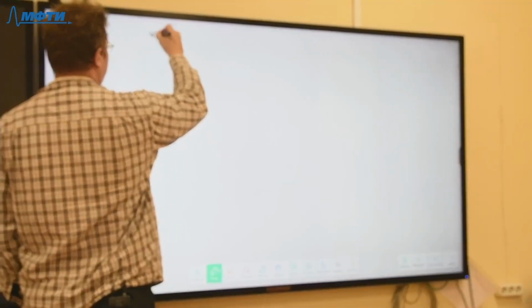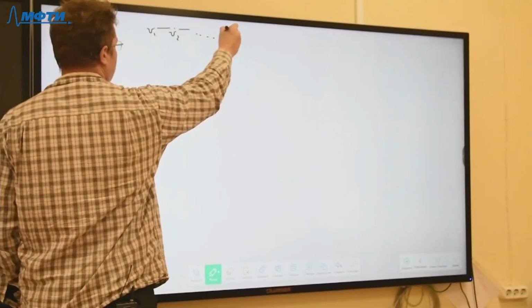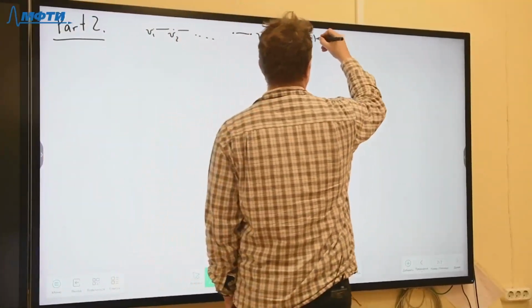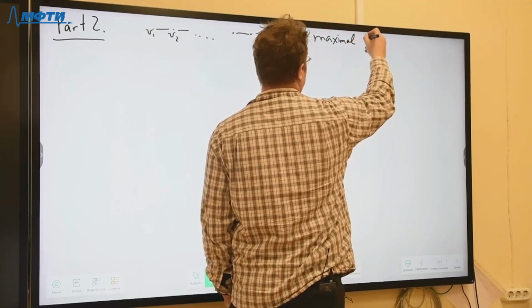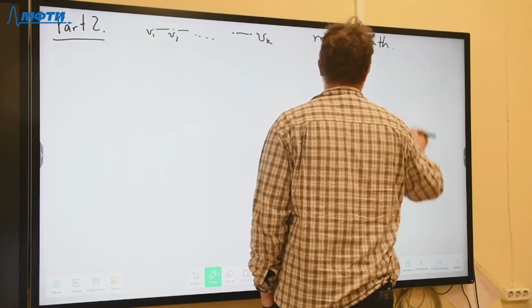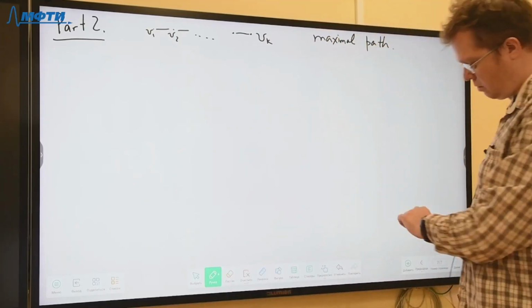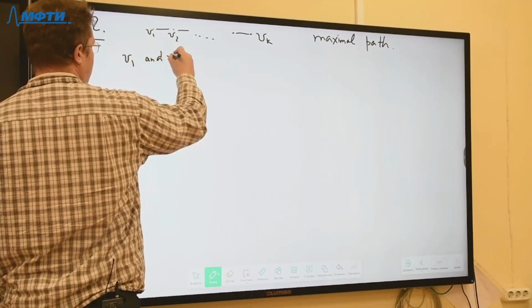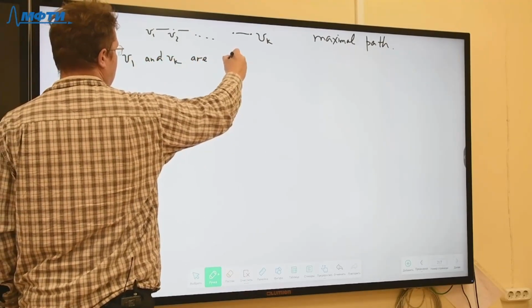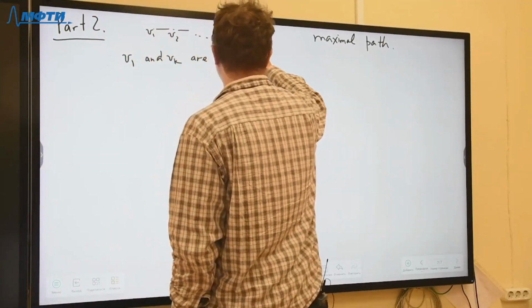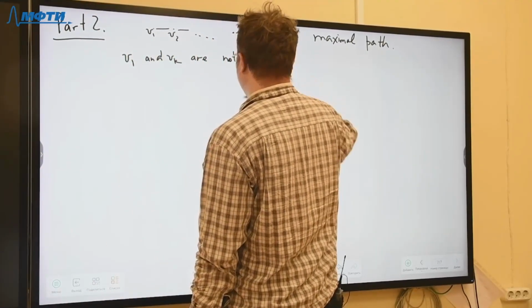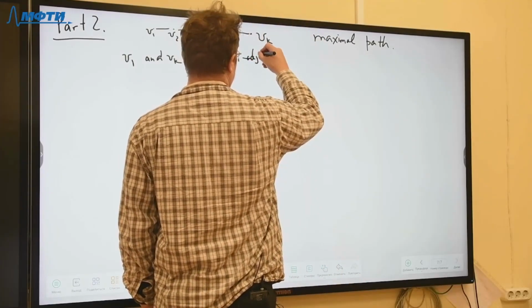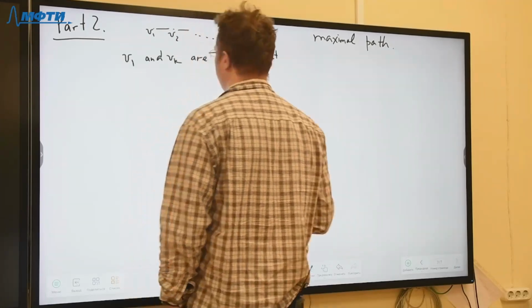So we have found a maximal path, and we know that V1 and Vk are non-adjacent. So we have no edge between them.